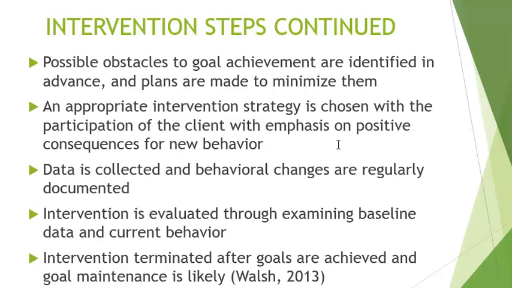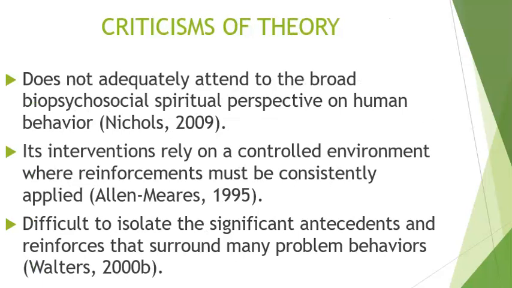Data is collected and behavioral changes are regularly documented. Intervention is evaluated by looking at the baseline data and comparing it with the current behavior, and intervention is terminated after the goals are achieved and it is likely that goal achievement will be maintained.